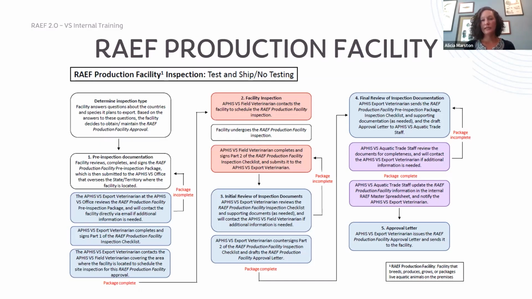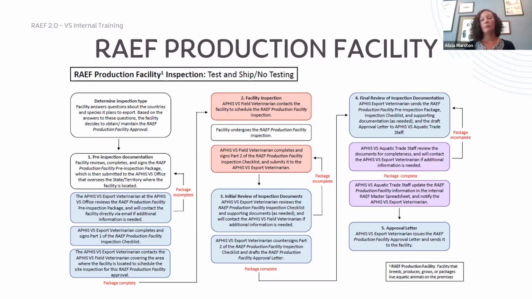The VS Aquatic Trade staff will review all of those documents. We save a copy of them. And as long as they're complete and there's no questions, then the Aquatic Trade staff will update our internal RAEF master spreadsheet so that it's reflecting the correct countries and the correct species for that facility.